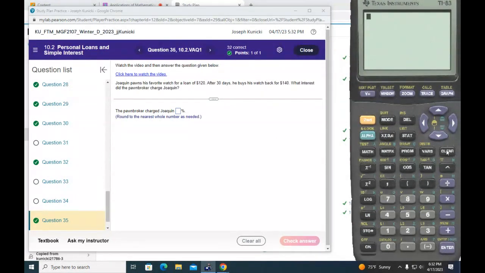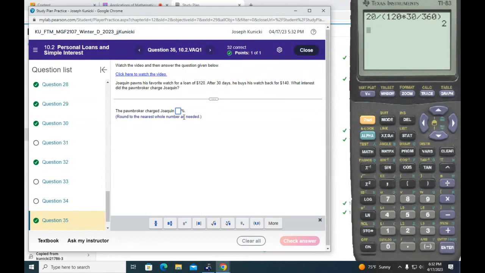Let's see if that's right. So, we need I, which is $20, divided by P, which is 120, times T, which is 30 divided by 360, or 1/12 of a year. Yep, 200%.